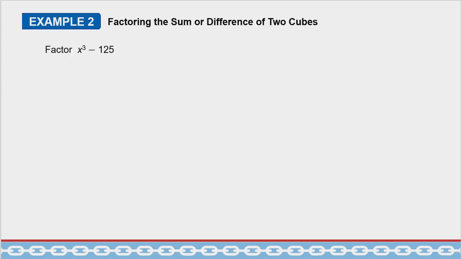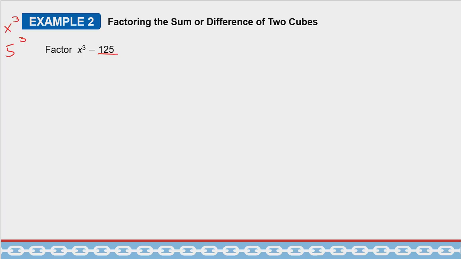So let's look at this example. I have x to the third minus 125. Well, x to the third is a perfect cube, right? It's something to the third power. 125 is 5 to the third power. So I have two perfect cubes being subtracted.